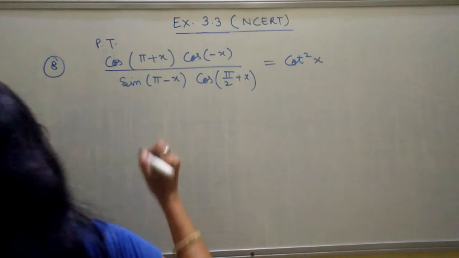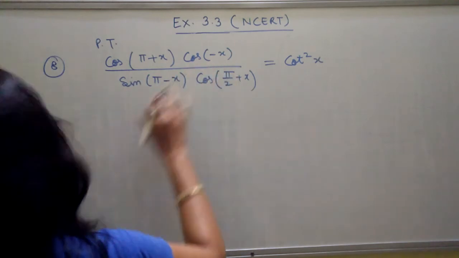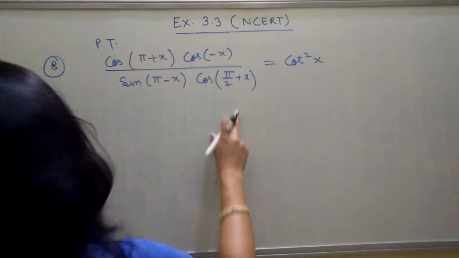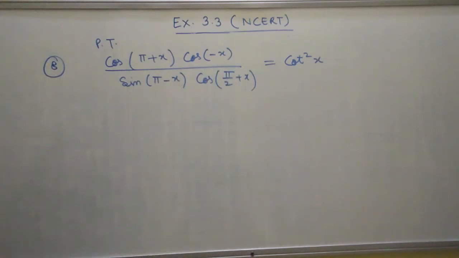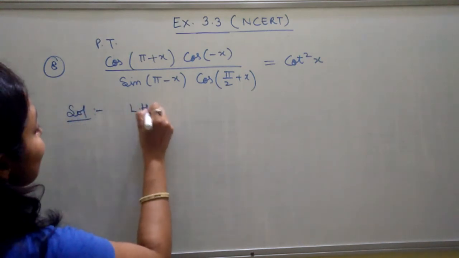This is the question. I have the NCERT book in my hand and I write this question from NCERT so that it becomes easy for you. So take the left hand side. I will start from the left hand side.